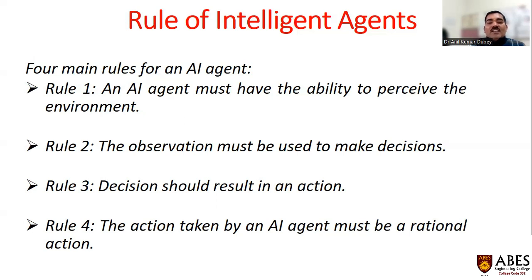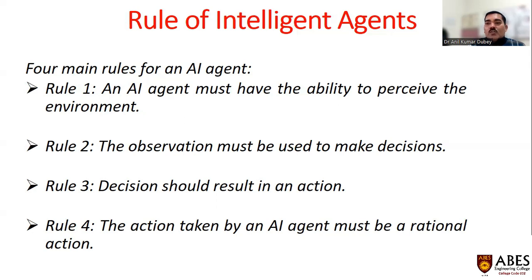Rule 3 says that the decision should result in an action. Whatever result they have planned will be visible in action, not only in theoretical terms. The last rule is that the action taken by an AI agent must be rational.